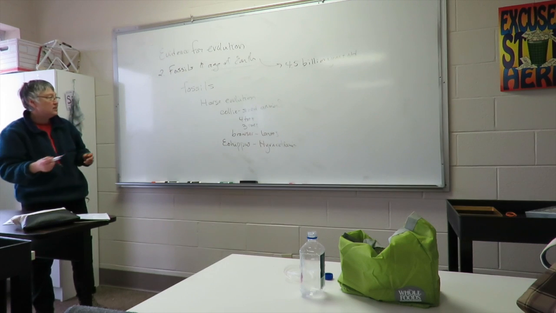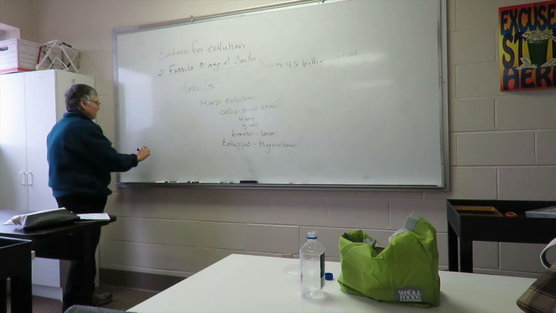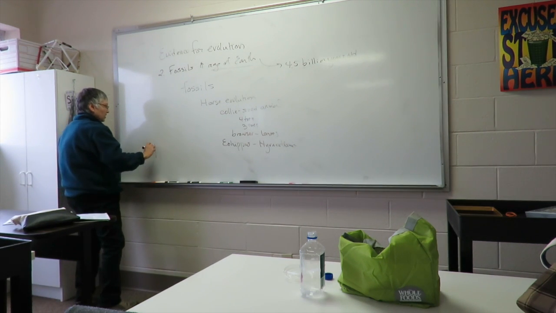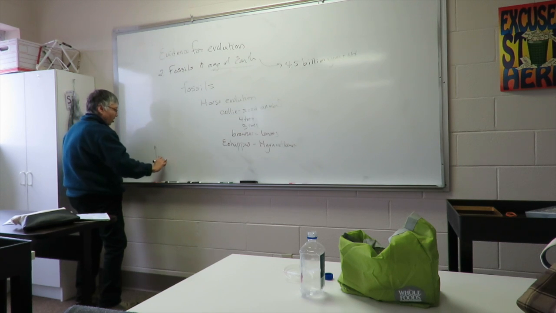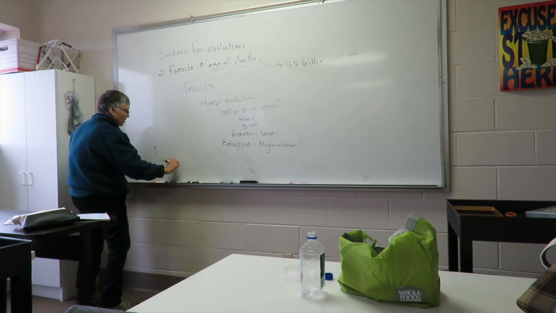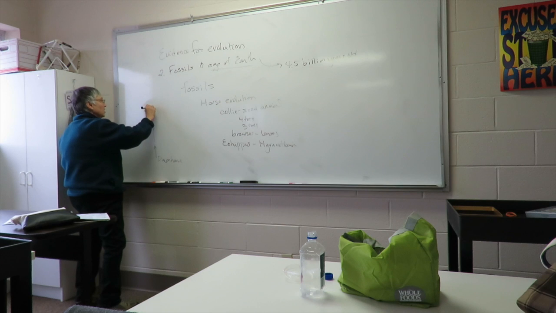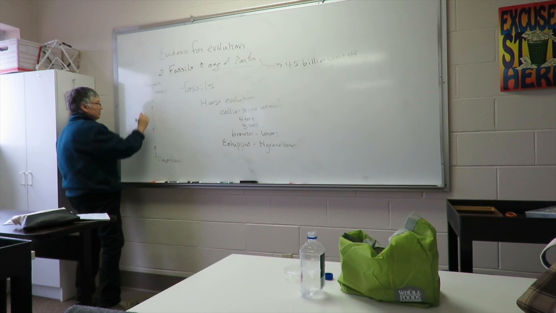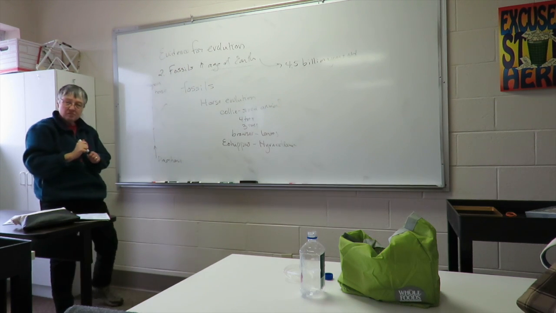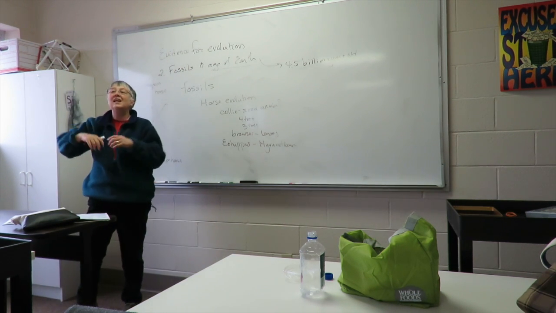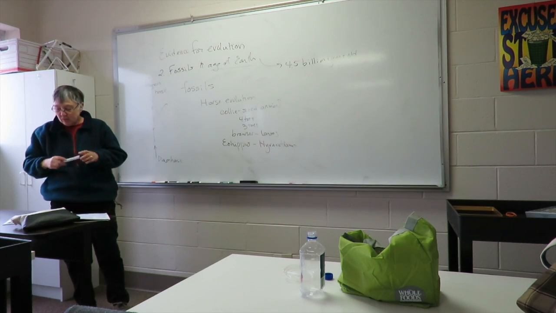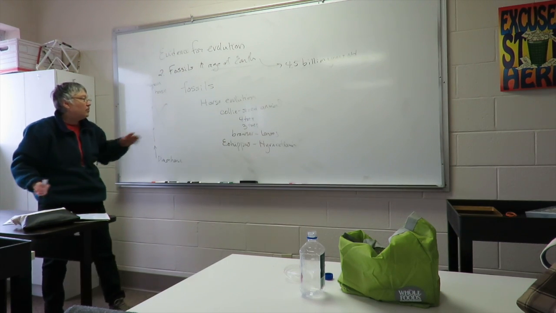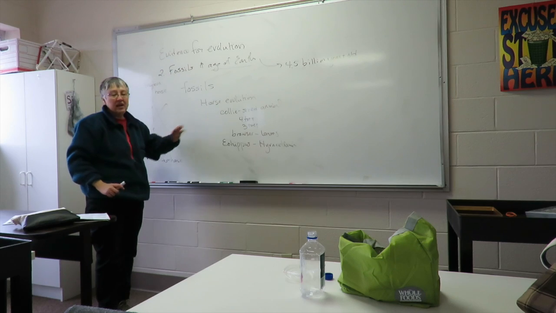As you can see, it's not a straight lineage from that dawn horse to the modern horse. That's not how it happens. Apparently there's a lot of dead ends.